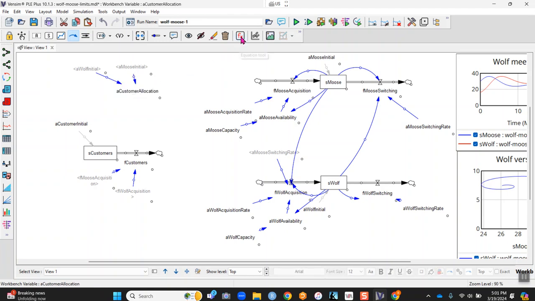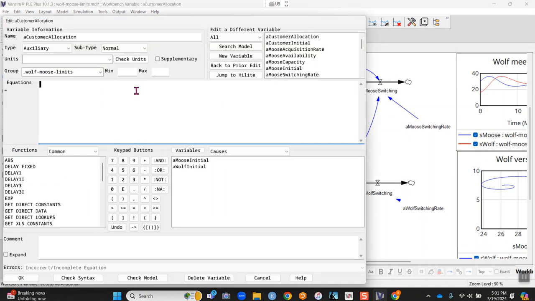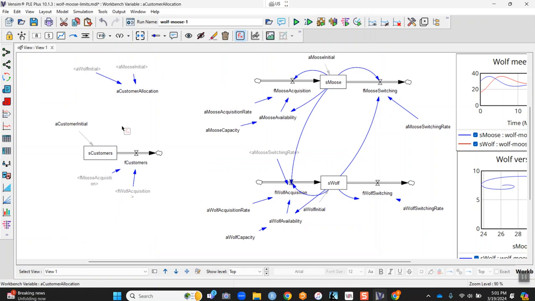And then let's just take wolf. We already know that's smaller rather than the moose. Okay. And we can put some additional logic into this to make that work.